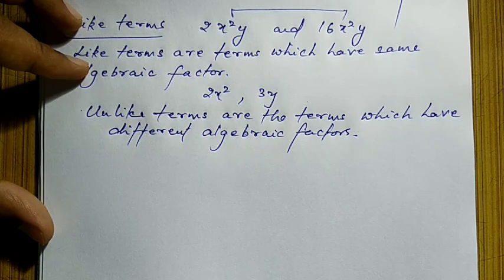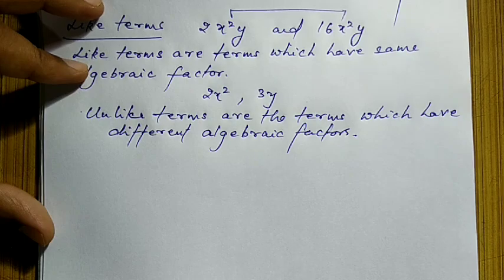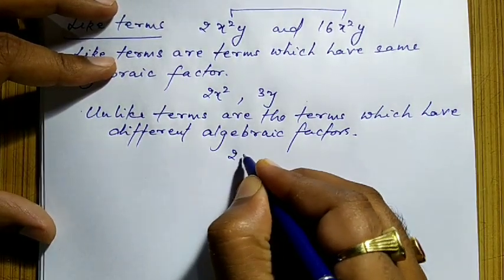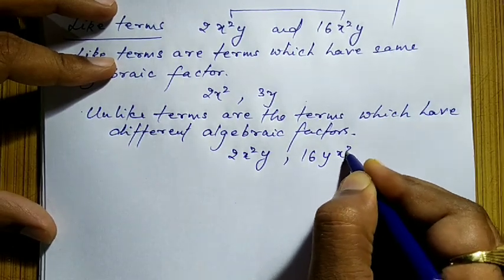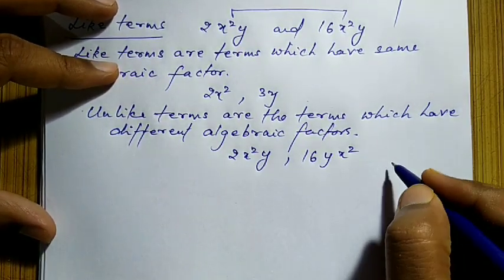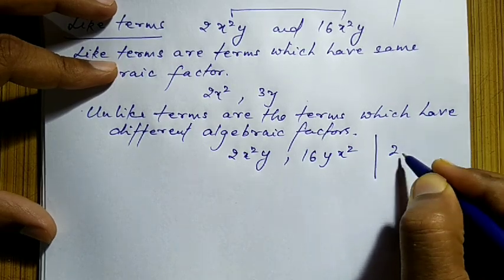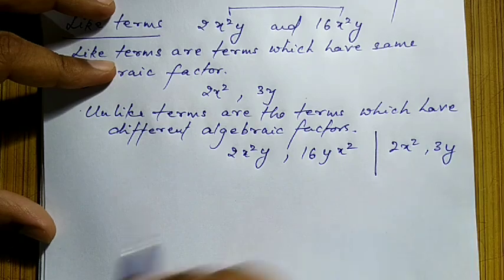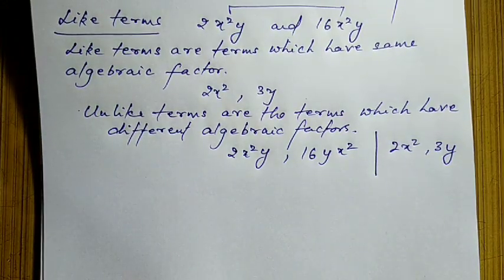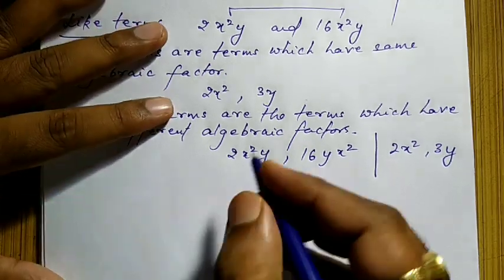Now suppose you have to decide whether the given terms are like or unlike. Take this example, 2x square and 16yx square is given. And the second one, suppose 2x square, same example, and 3y. You have to decide whether these terms are like or unlike. First, what you have to do, ignore the numerical coefficient.